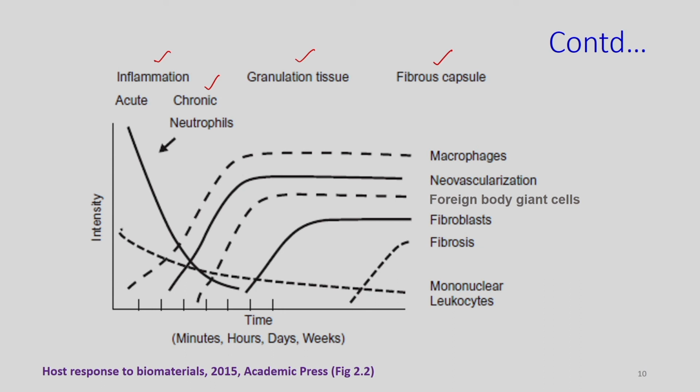So, here you just see the intensity. The acute inflammation's intensity starts in the very first minutes and slowly decreases. During chronic inflammation, again leukocytes will be there, and again it is going to decrease with time.